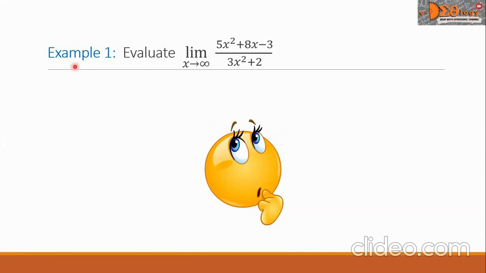Let us see this example 1. Evaluate the limit of 5x squared plus 8x minus 3 all over 3x squared plus 2 as x approaches infinity.